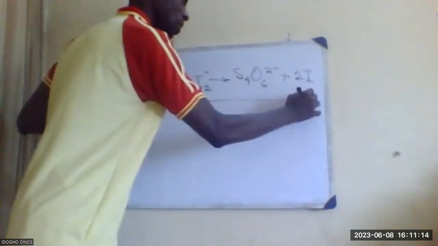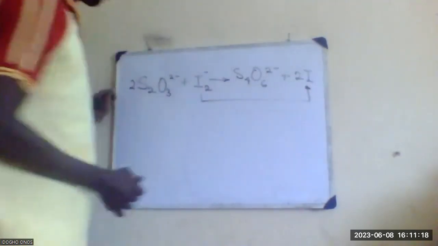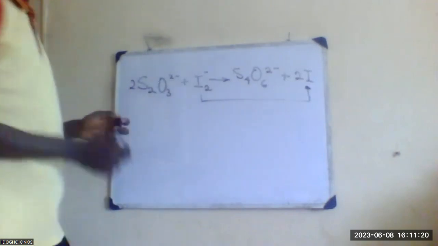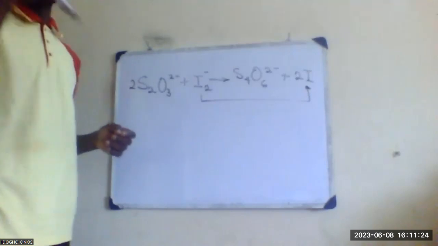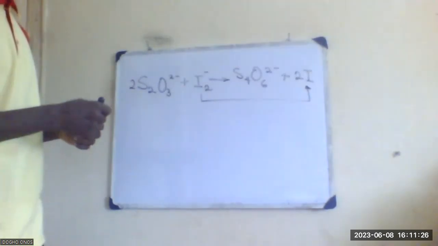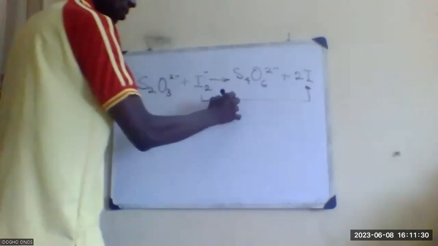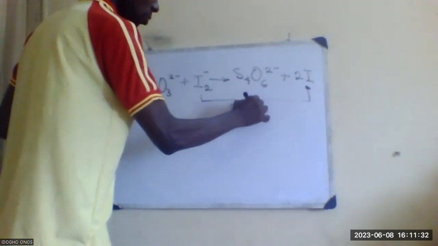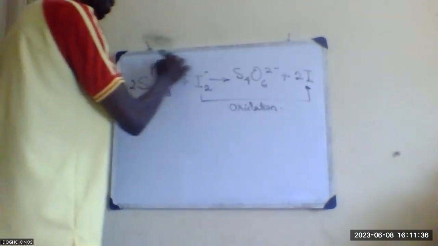So what has taken place here? The oxidation number changes from -1 to 0. Is that an increase or a decrease? An increase. Okay, so this is oxidation. Then obviously this becomes my reduction.